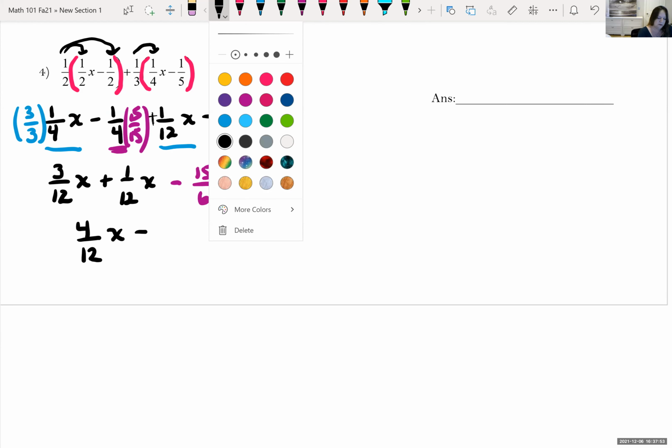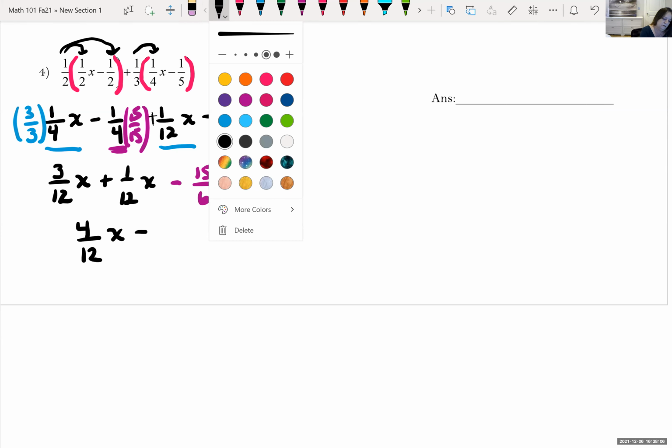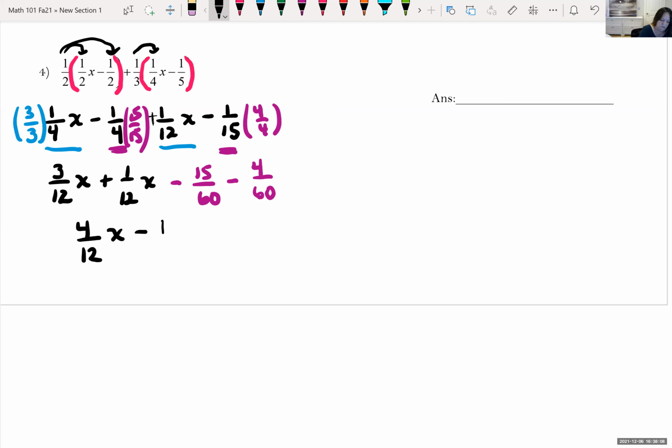Okay. So we have a negative 15/60 minus 4/60. That's minus 19/60. We just want to reduce that 4/12. That's the same thing as 1/3 x minus 19/60.